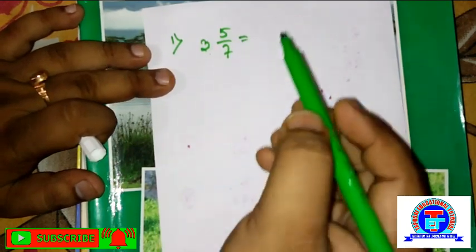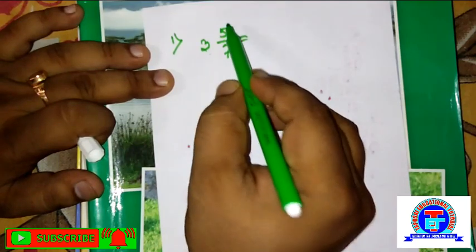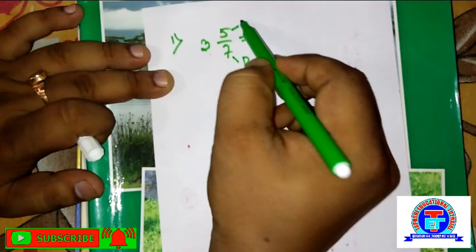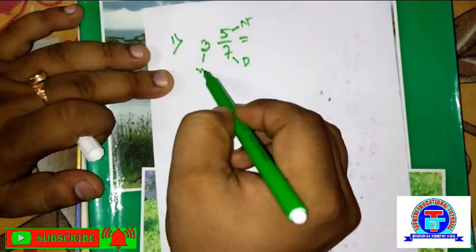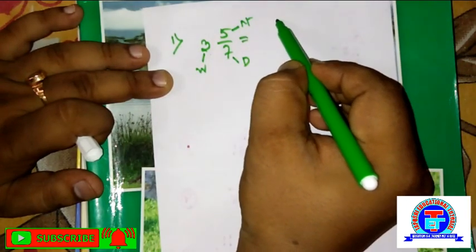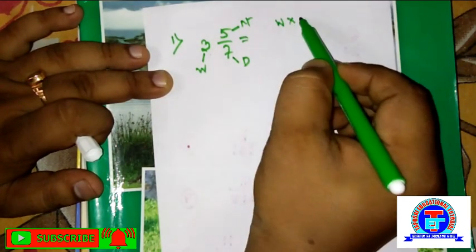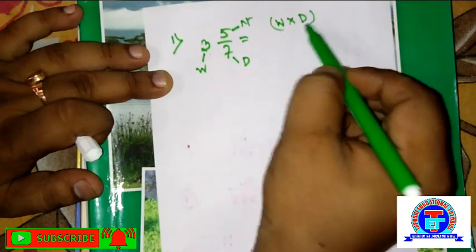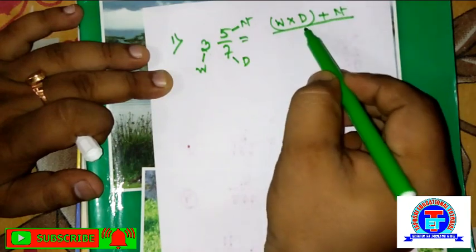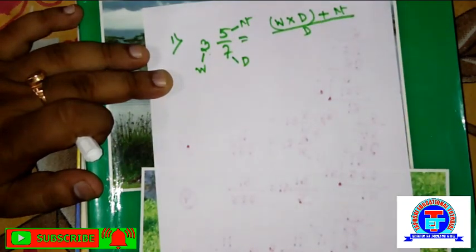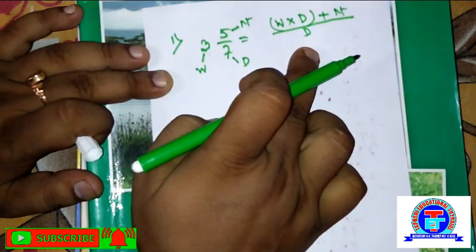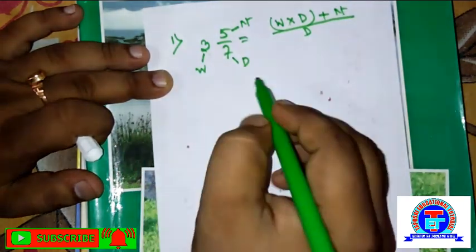So how to solve? First, this is the denominator, this is the numerator, and this is the whole number. So the formula is, first we multiply the whole number with the denominator, plus the numerator, divided by the denominator, right? In this way we convert mixed fraction into improper fraction, right?